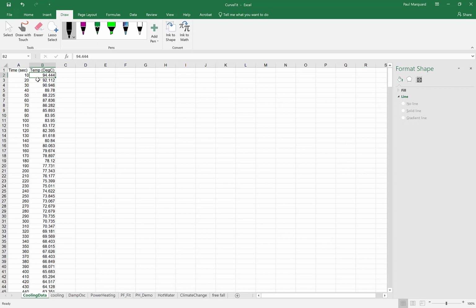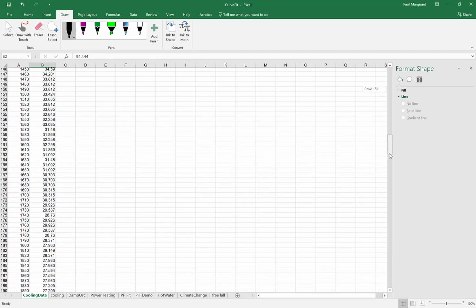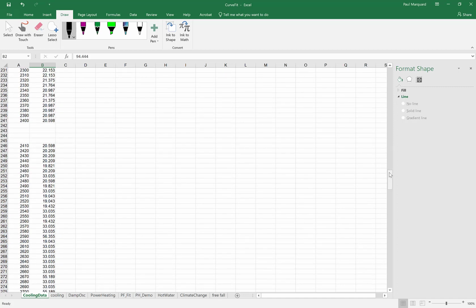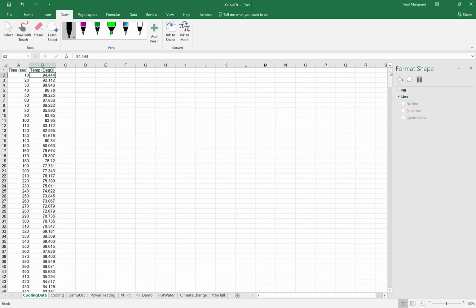So we want to take a look at the temperature of the water as it cools off as a function of time. And so you can see I've got quite a bit of data in here. All right. And then there's this break in here at 24. I'm going to actually graph all of this data here because I want to show you what's going on.